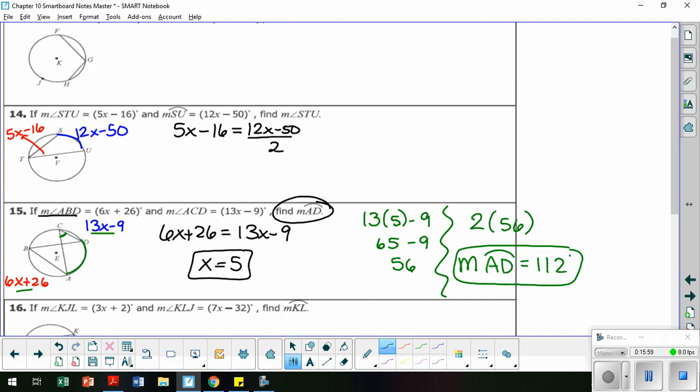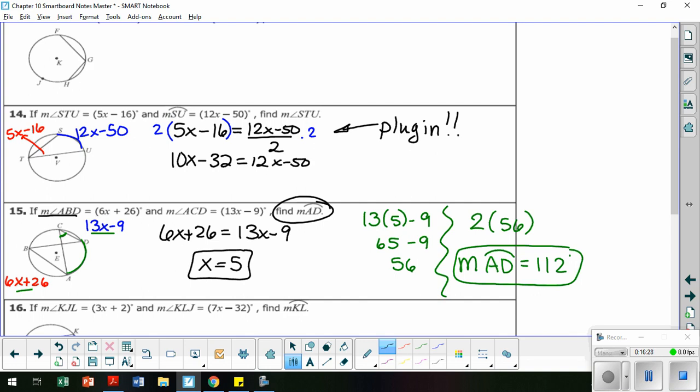You have to do the plug-in right here. If you don't do it, I'm marking points off because that's where all the mistakes come. So please, please, please. If we go to solve this, we're going to multiply by 2. And we get 10x minus 32 equals 12x minus 50.